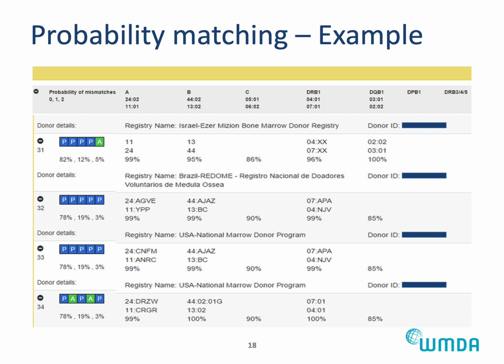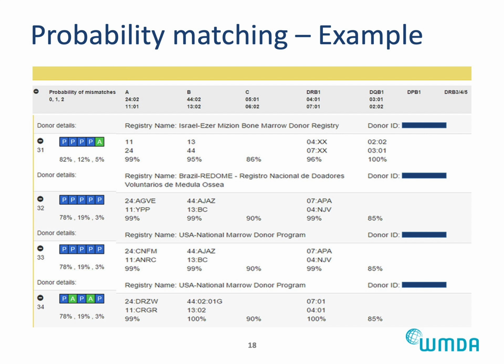For HLA-C, which is not even typed for, the probability match is 85%, and for DRB1 it's calculated to be 96%. The HLA-DQB1 of the donor is already typed at high resolution and is identical to the patient, and therefore it is given as a 100% chance.